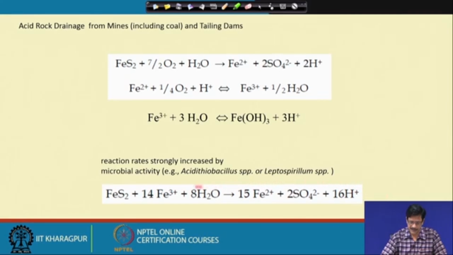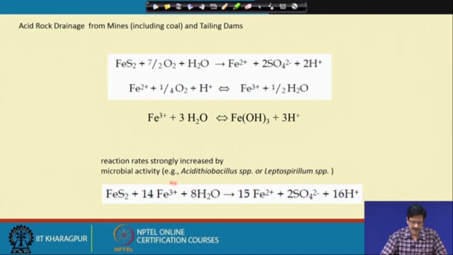We are not representing in these simple chemical reactions how much energy is liberated, but the energy in terms of calories liberated in such reactions is pretty significant, and it is enough for these organisms to survive.